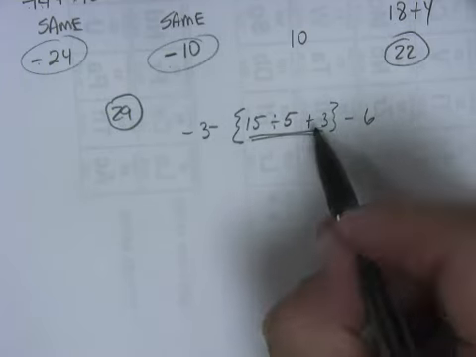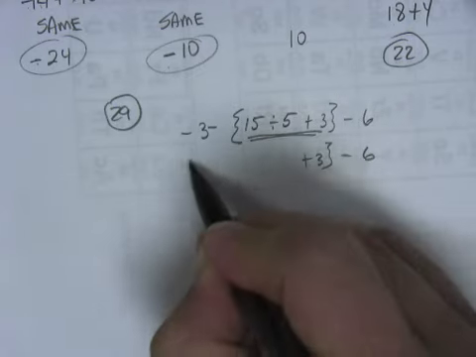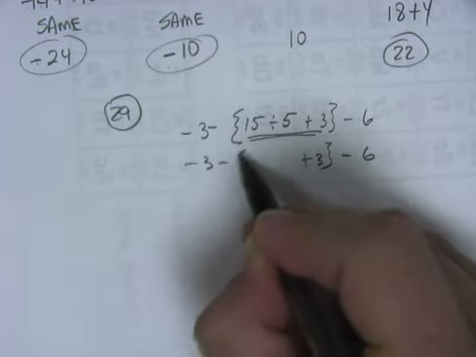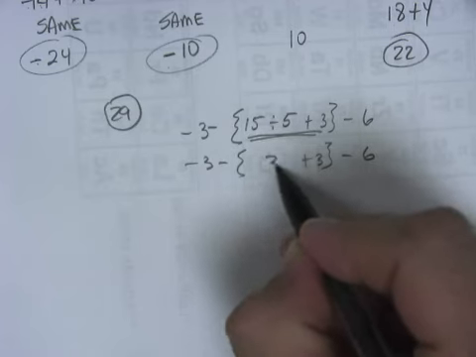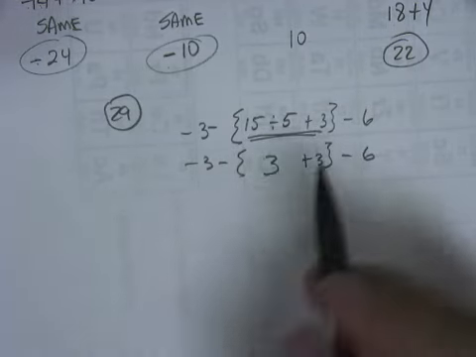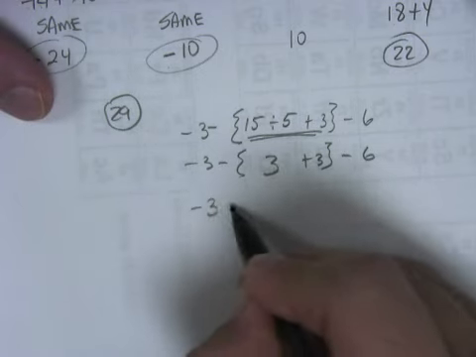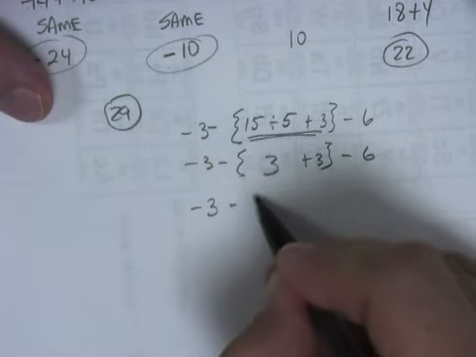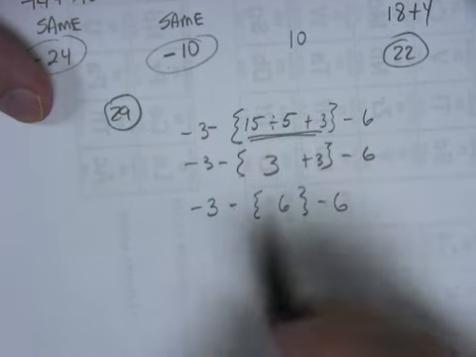So I'm going to simply bring down the plus 3, bring down the braces, bring down the negative 3. 15 divided by 5 is going to be 3. Okay, stay inside. So I get 3 plus 3. So bring down this 3, the negative 3, bring down this negative. There's the brace, there's the 6, and there's the minus 6.